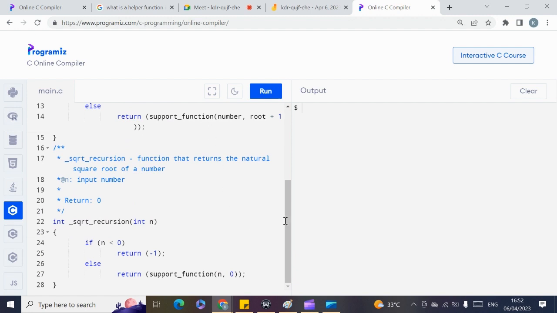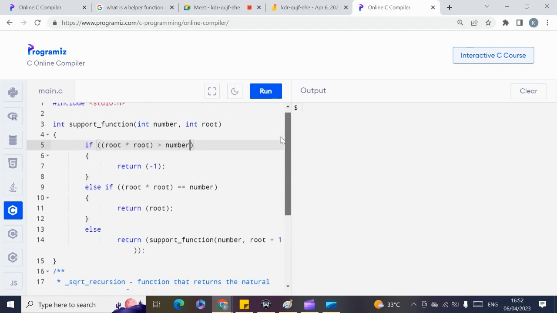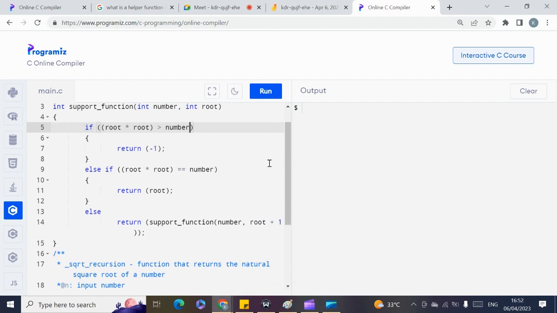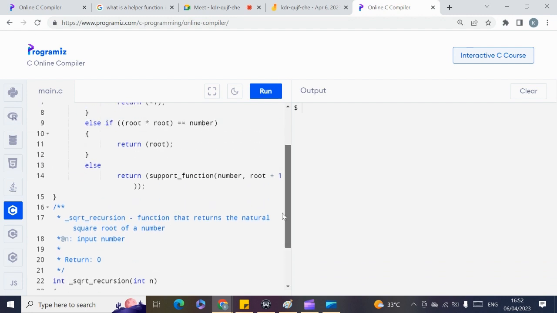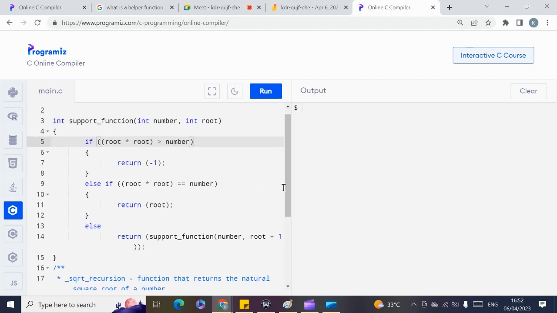Because we have to pass in the values. So it is this function, the recursive function, that is actually giving the values to the support function. This value is given to the recursive function by the main. So they are all linked together, and this recursion is also giving it back to the support function.